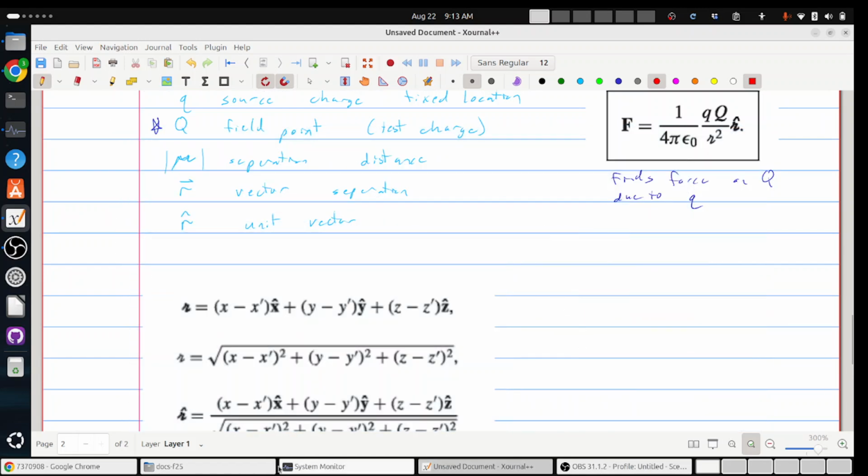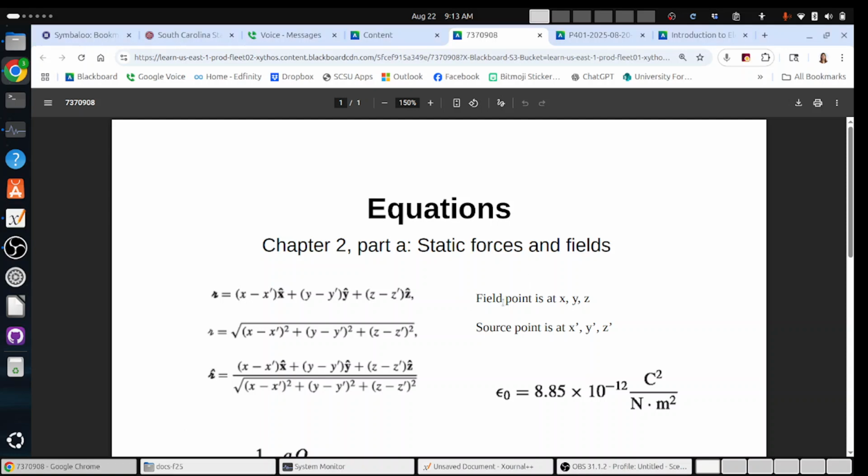And then the textbook points out that the field point is the one at x, y, z, and the source point is at x prime, y prime, z prime.